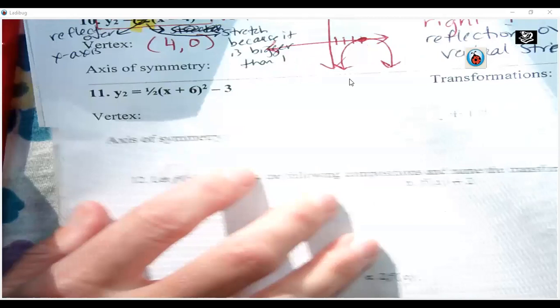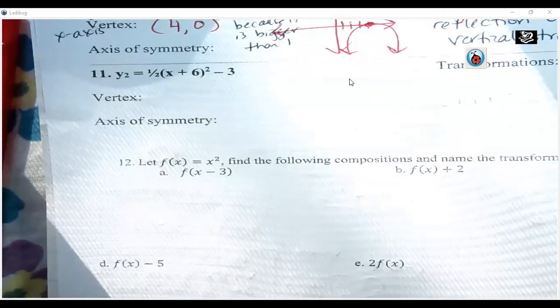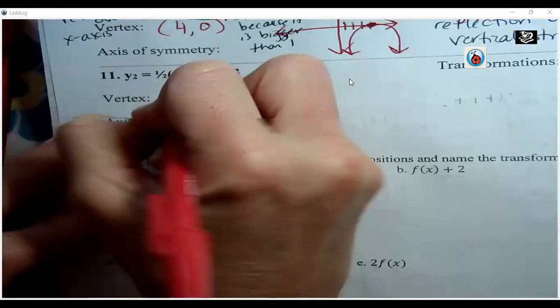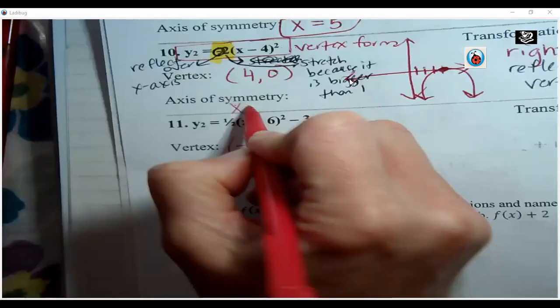All right, what is the vertex of number 11? -6, -3. Good, -6, -3. Oh, we forgot to do the axis of symmetry up here. What would be the axis of symmetry of this one? X equals 4. Good.